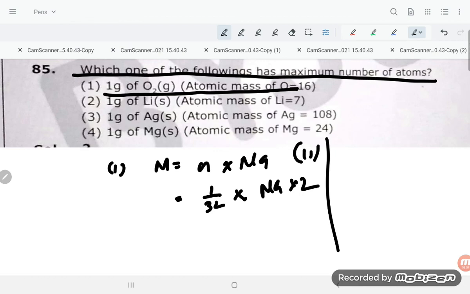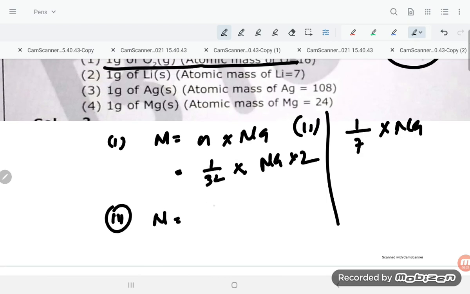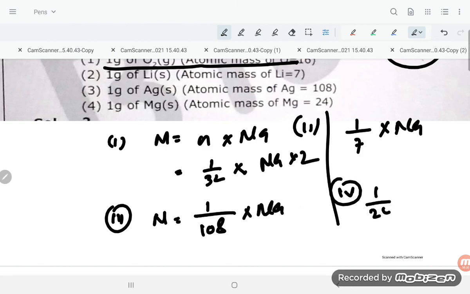So 1 gram lithium, atomic mass 7, so 1 upon 7 into Na will come. For the third option, 1 gram of Ag, 1 upon 108 into Na. And the fourth option, 1 upon 24 into Na.